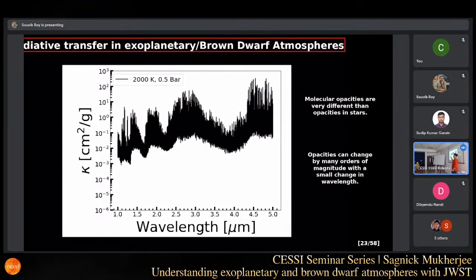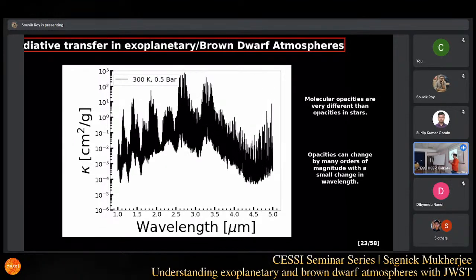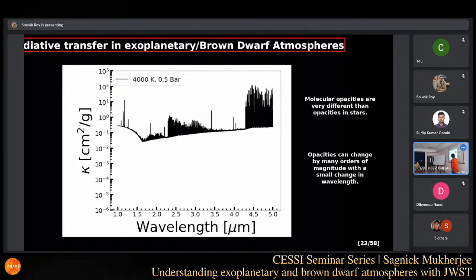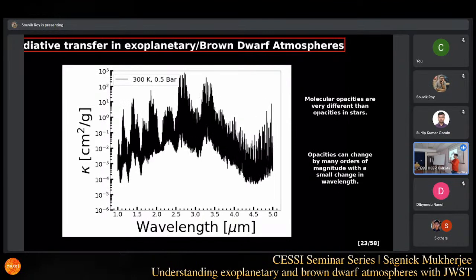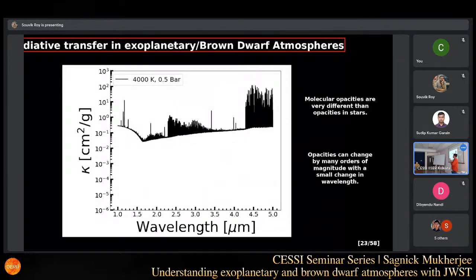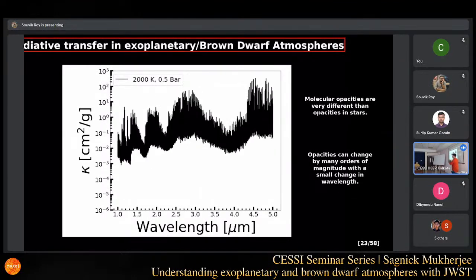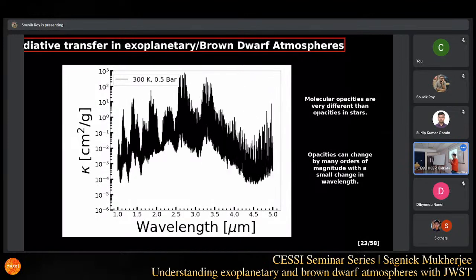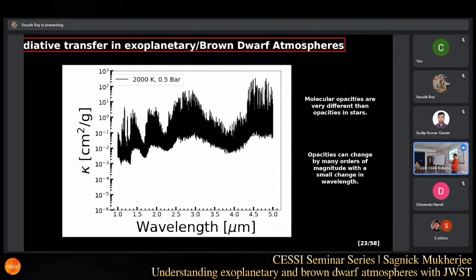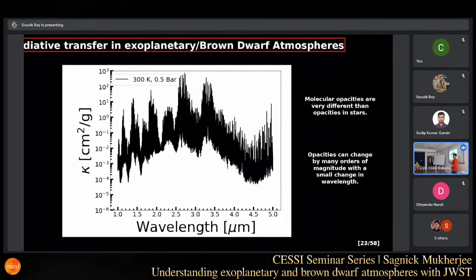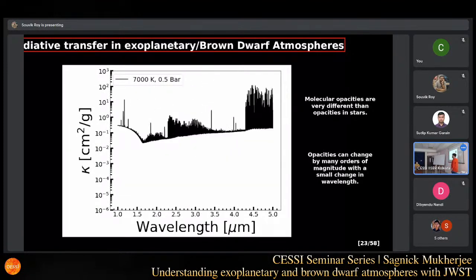But when you start to cool down, you start to form all these molecules, which can lead to 5 or 6 orders of magnitude variation in opacity within a very small wavelength range. So your atmosphere of a planet is not a black body. Stars are kind of black bodies, but planets are definitely not black bodies because of this huge opacity dependence.